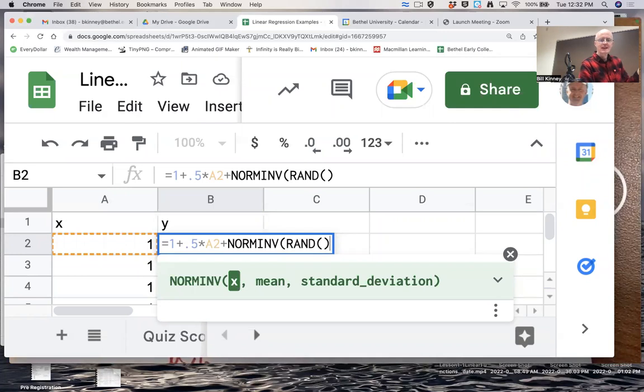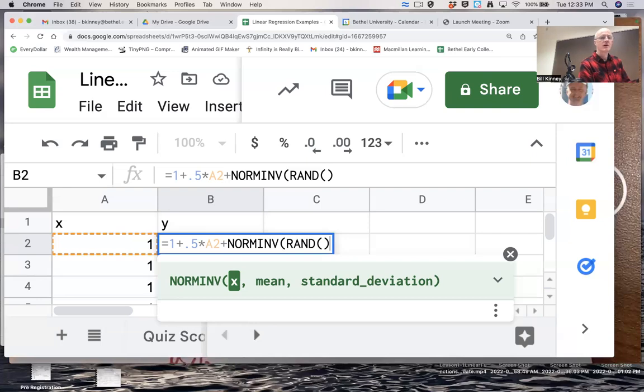The first input there, the X that you plug in, which is for me going to be RAND, is a number between 0 and 1 representing a CDF value, a percentile value, you could call it. Like 0.9 would represent the 90th percentile. 0.8 would represent the 80th percentile.